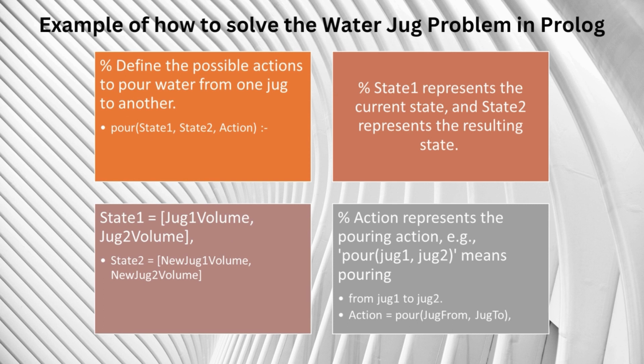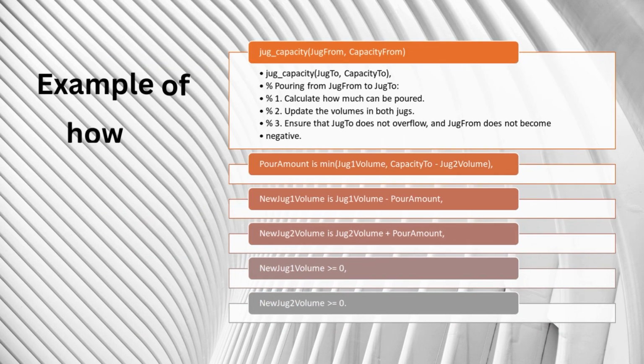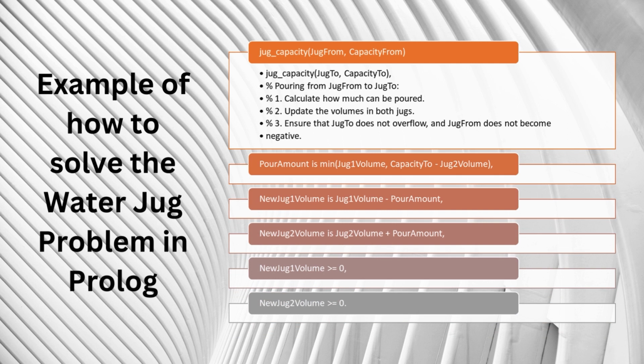The action represents the pouring action, that is pour jug 1 comma jug 2, meaning pouring from jug 1 to jug 2. So, our action is equal to pour jug from comma jug 2. Jug capacity of jug from is capacity from, jug capacity of jug 2 is capacity 2. Now, pouring from jug from to jug 2.